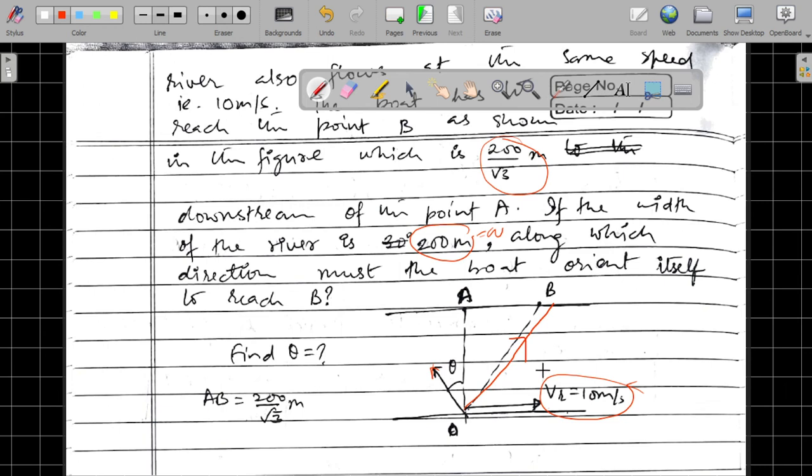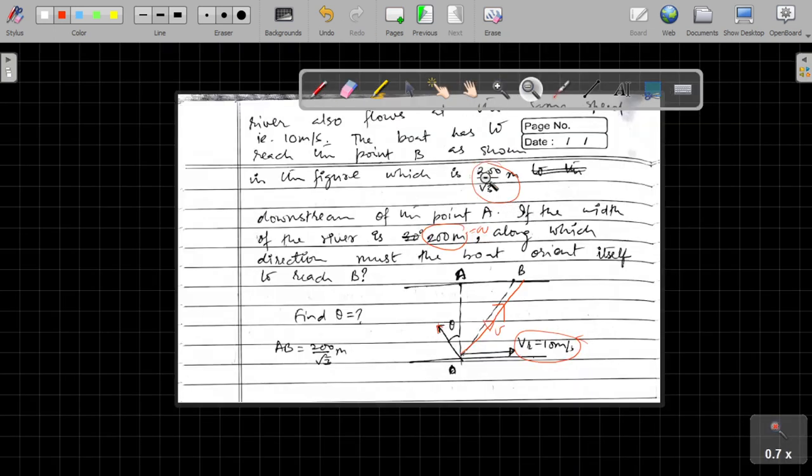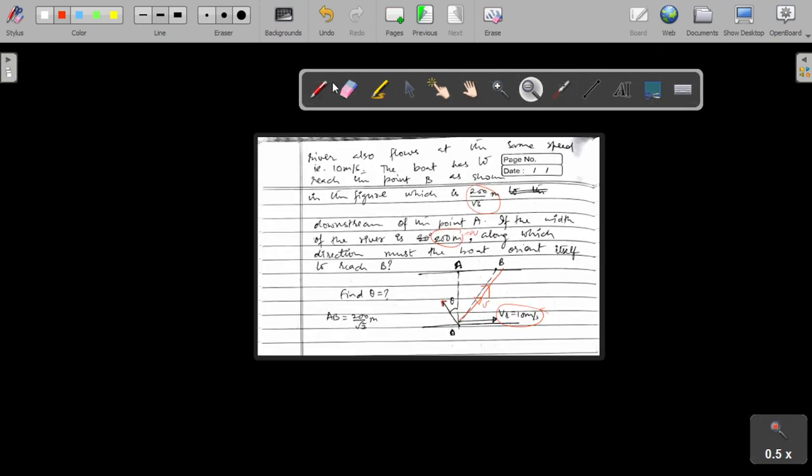We know if the complete velocity of the man is oriented along this direction, then the man would simply swim along this direction. So we have to eventually swim along this direction.